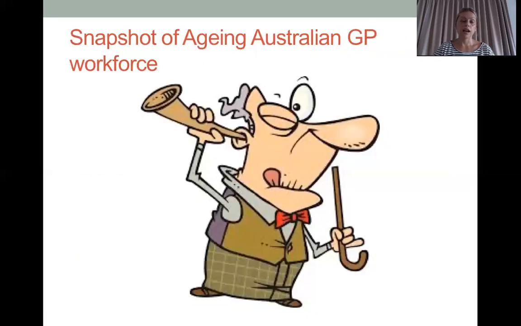So this, as you can see from the pictorial representation, the workforce supporting the ageing Australian population actually looks much the same as the Australian ageing population. So in the last decade, we have seen an increase in female general practitioners entering the workforce, but male GPs aged 55 still dominate this sector.